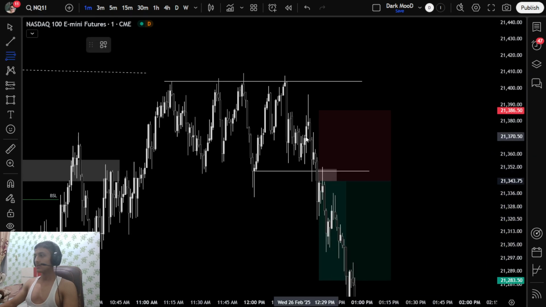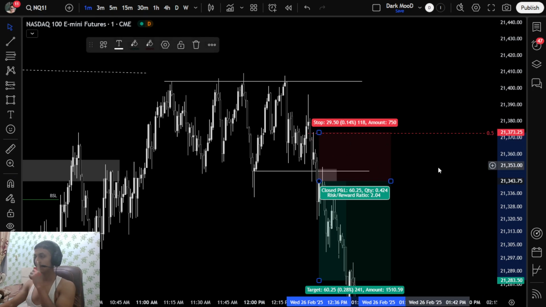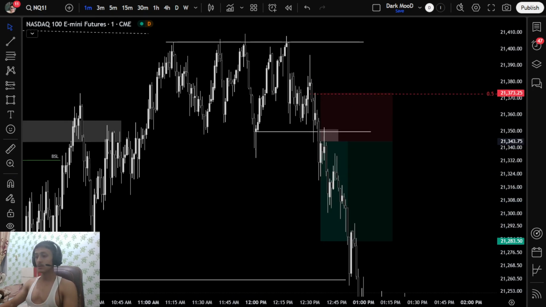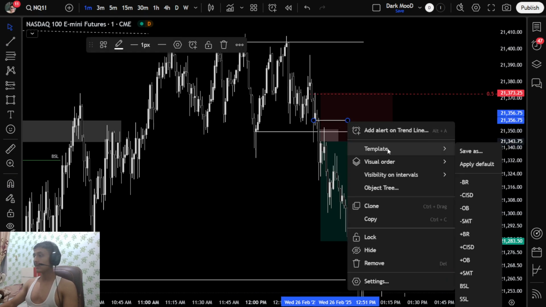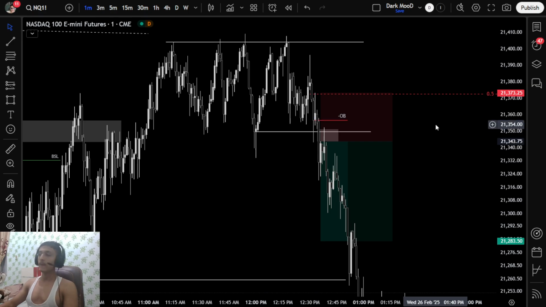Look at this. So this is nice because it respects this pivot gap. We can use this as an order block. There was a method that I read. I saw in the ICT 2024 mentorship.